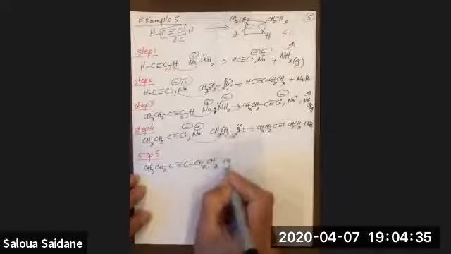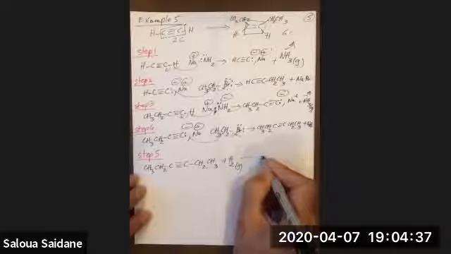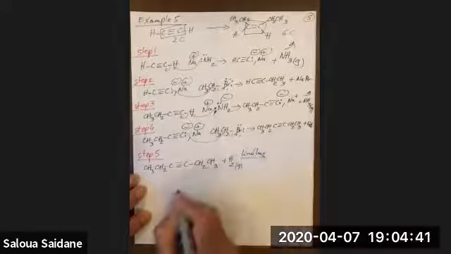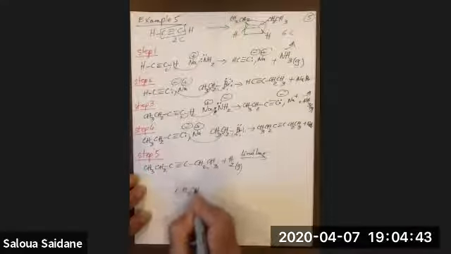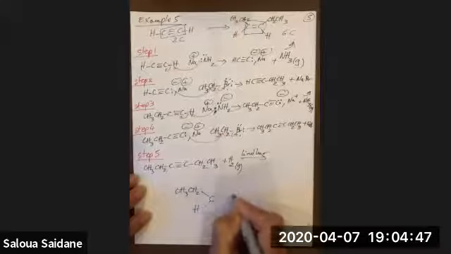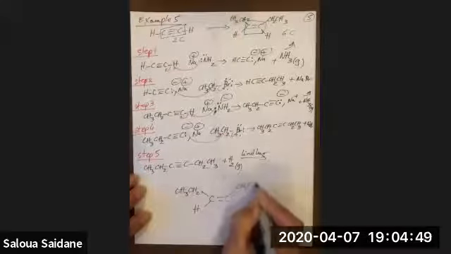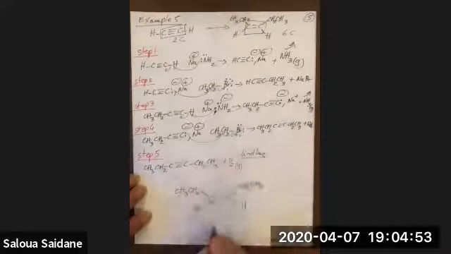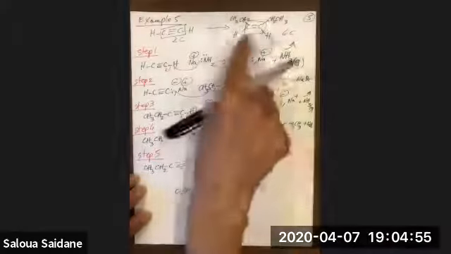If you add hydrogen gas in the presence of Lindlar, you end up with CH3, CH2, CH, C, CH2, CH3, H. So that would be your cis, and that's what we wanted to produce. Okay, so this is example 5.